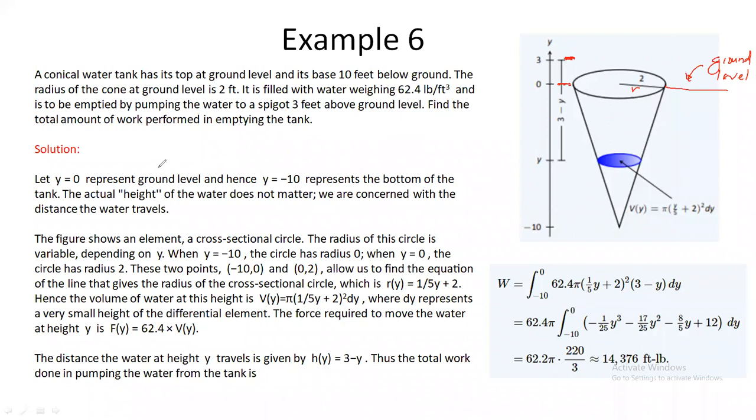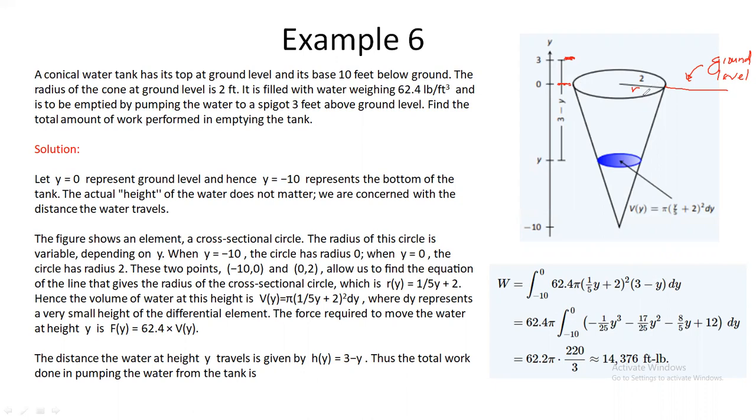So for this problem, our solution will start with identifying the very important coordinates that will represent later on the relationship between the changing radius of this differential volume of water that needs to be pumped out to 3 feet above the ground, which is also the top of this conical storage tank.